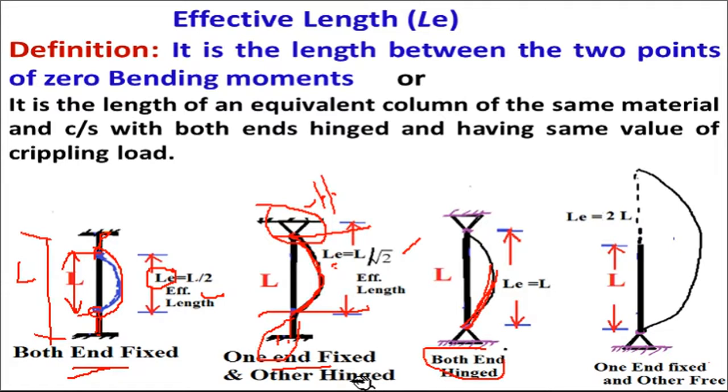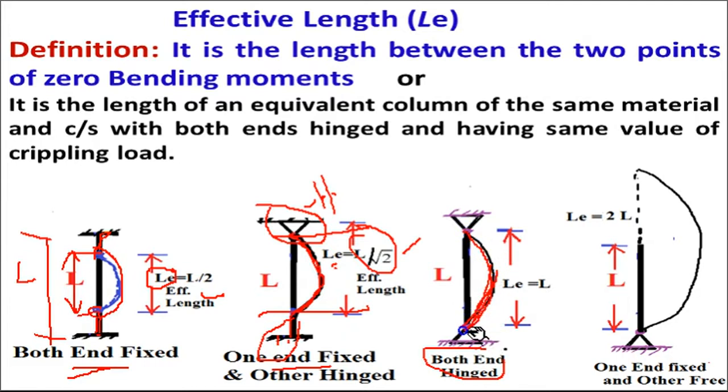So these end conditions are normally mentioned in the problem statement. In the problem, if it is mentioned that one end of the column is fixed and the other is hinged, at that time the effective length in Euler's formula you have to take as L by under root of 2.